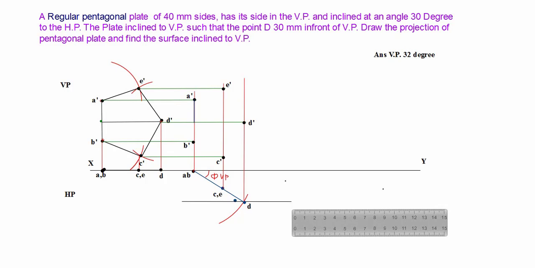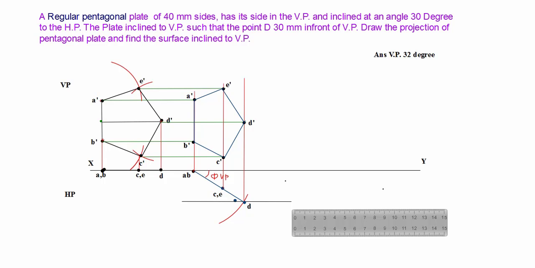First we join A dash B dash, then B dash to C dash, C dash to D dash, D dash to E dash, E dash to A dash. So here you get your elevation, it is a pentagon.